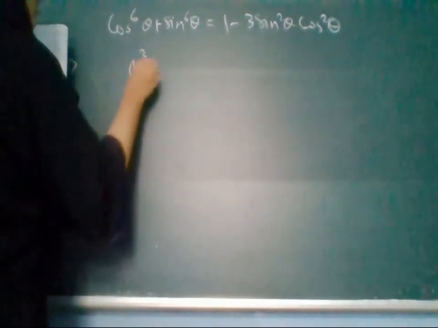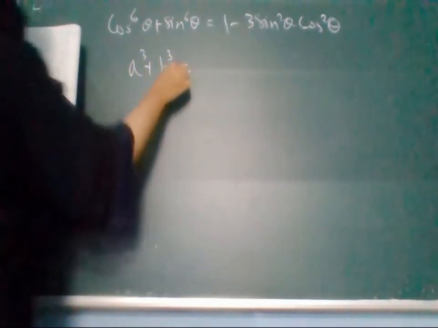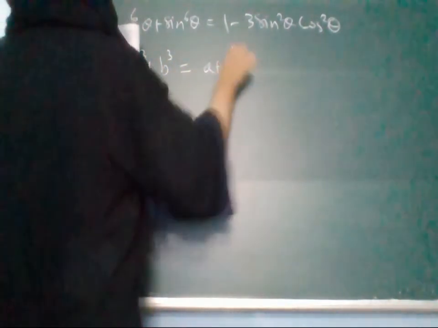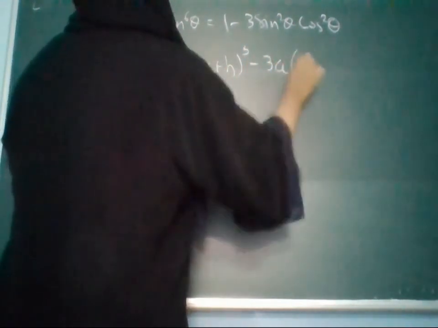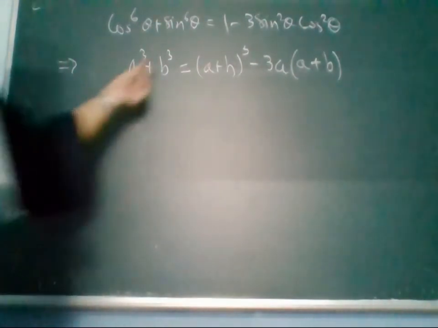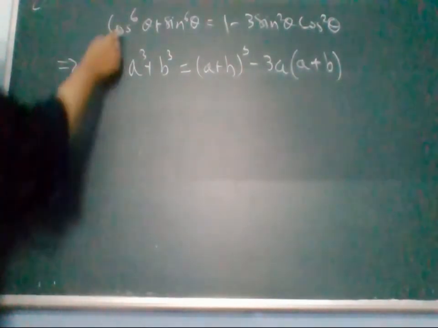We will use one formula, a cube plus b cube is equal to a plus b whole cube minus 3ab into a plus b. This is one of the formulas for a cube plus b cube. We will use this formula to solve this.